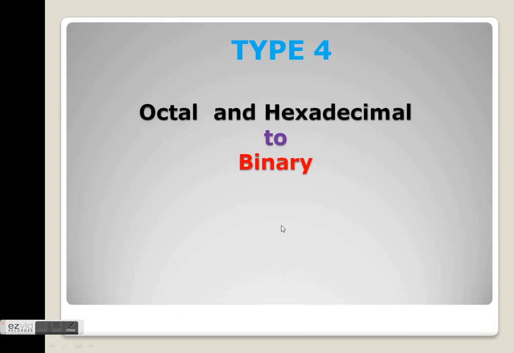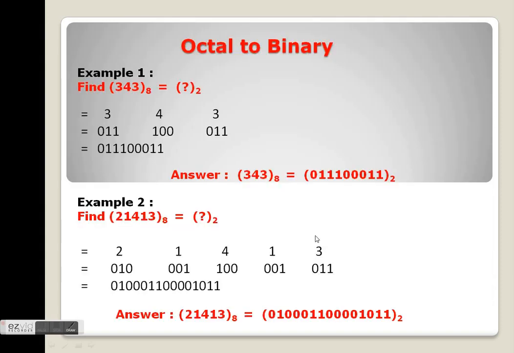Students, let's now understand the conversion of octal and hexadecimal numbers to binary numbers. Students, in octal to binary conversion, firstly we will write the octal number, and after that we will write the binary equivalent of each digit of the octal number. Now, the thing that you should take care of is that the number of digits in the binary equivalent of each digit should be 3.